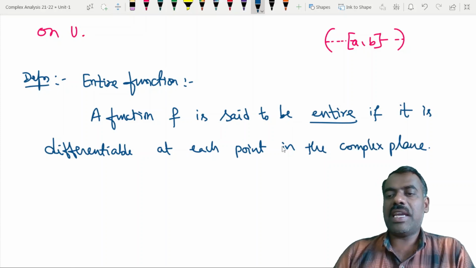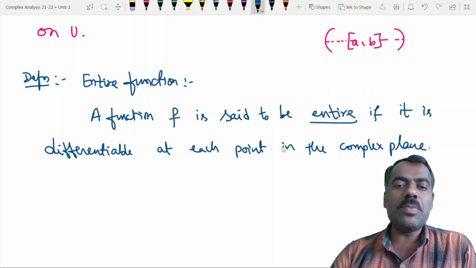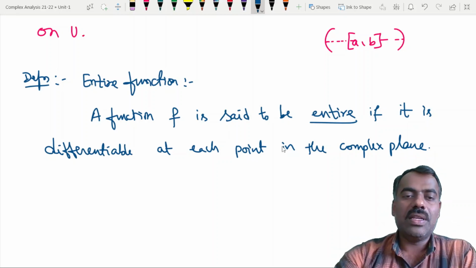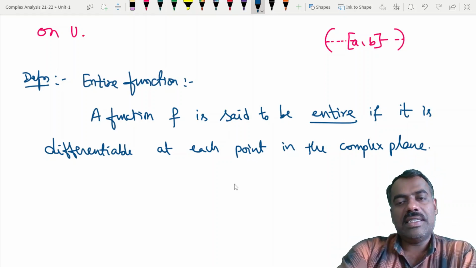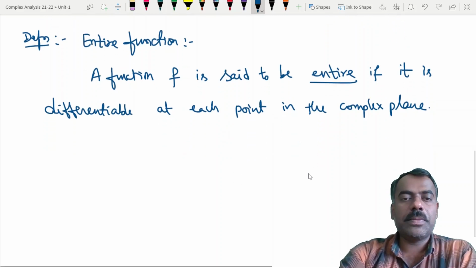That means you take any point in that complex plane, f should be differentiable at that point. Then we say that it is an entire function.